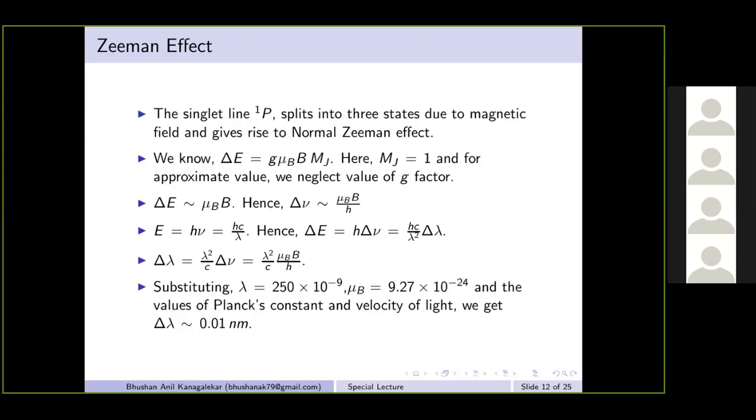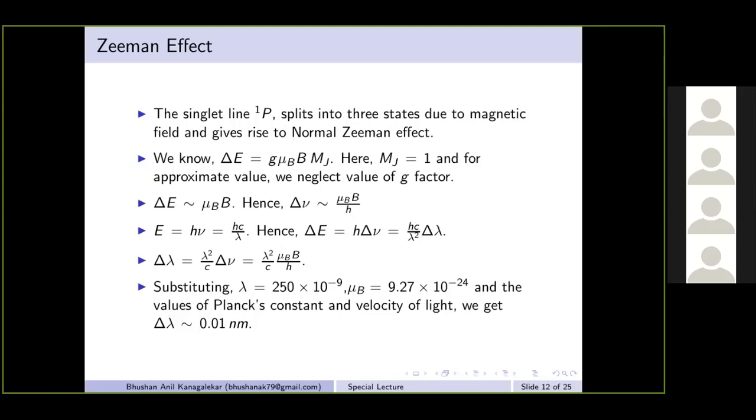The spacing between 0 and plus 1 or minus 1 line is delta E, given by G mu B B delta mj: the G factor, mu B the Bohr magneton, the applied magnetic field, and delta mj, which here is just 1.